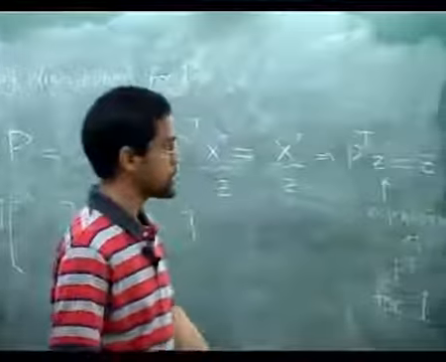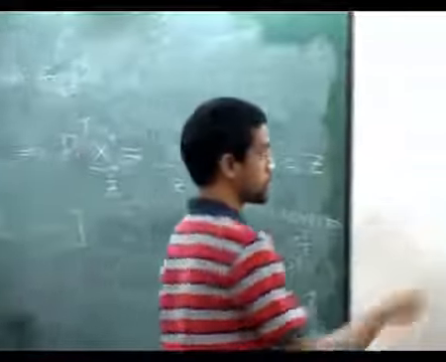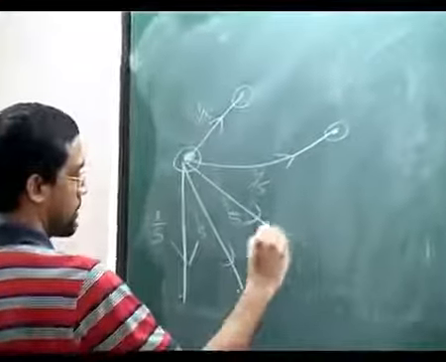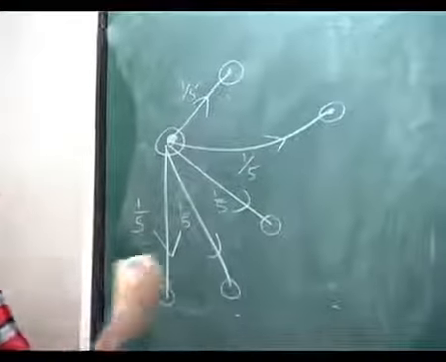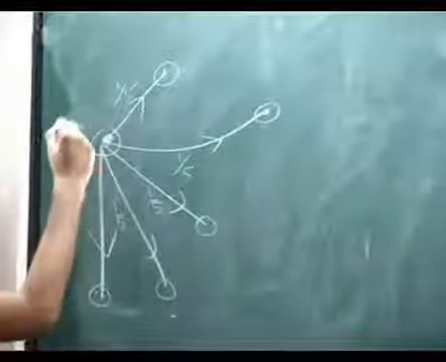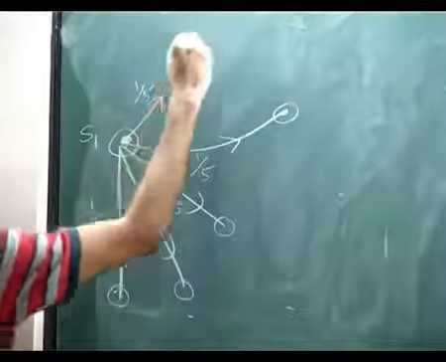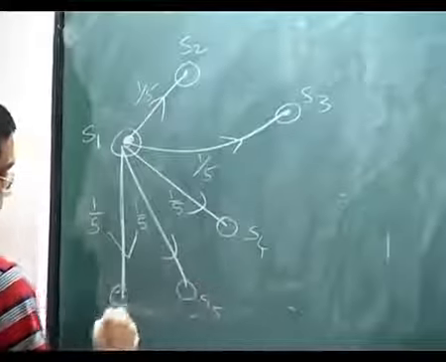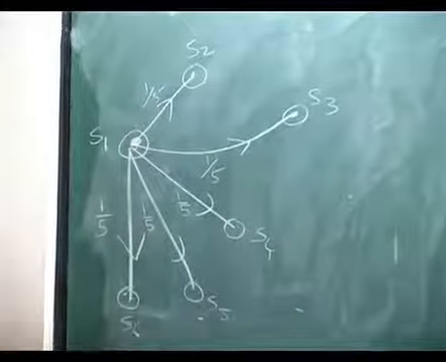So if you find a stationary distribution, what it will end up doing is to assign each website a number between 0 and 1. Let's call them S1, S2, S3, S4, S5, S6 and so on, coming from the stationary distribution.